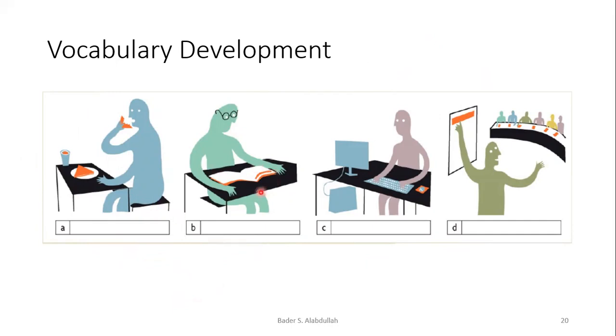Right, this one is reading a book. So read a book. This guy uses a computer. Use a computer. And finally, this one is giving a lecture. So give a lecture.